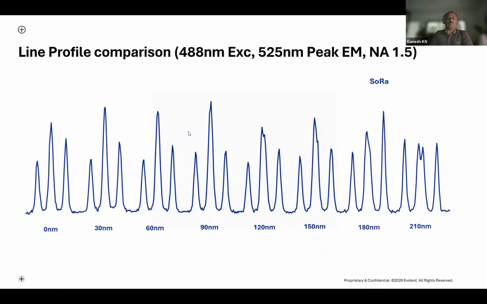See, you see a single peak at 60 nanometer, 90 nanometer, 120 nanometer, 150 nanometer, but at 210 nanometer, you can see a dip here. That is the place where two lines are. So a conventional confocal microscope can resolve at a resolution of 120 nanometer if you write an algorithm on the grid chart.